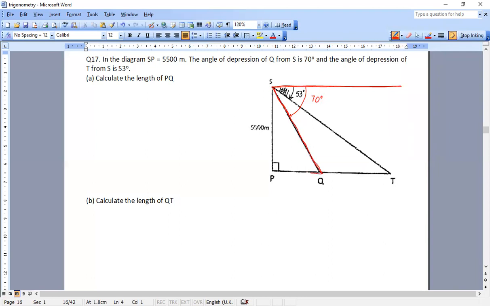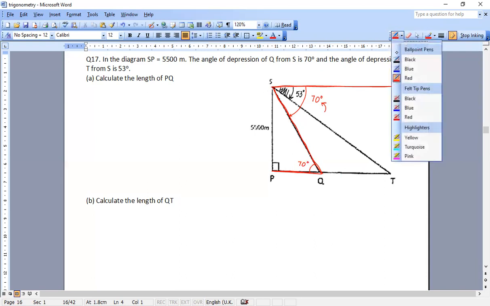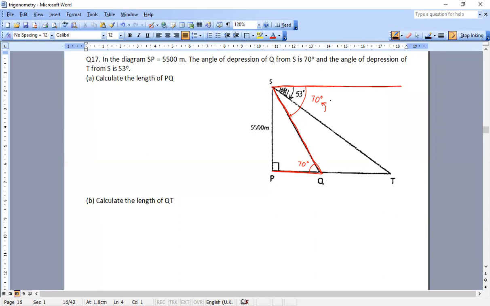If you remember the alternate interior angle property, if this angle over here is 70, then this angle over here is also 70. And if we look at the angle of depression of T from S, if this angle is 53, then this is also 53.